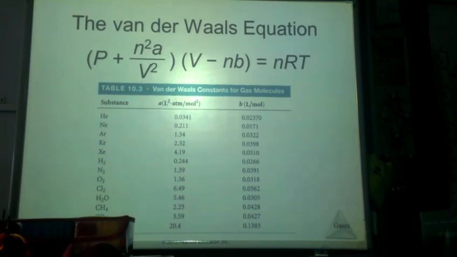They may ask you what would happen to a and b if molar mass was increasing, and a and b will generally increase with increasing molar mass. Larger, more massive molecules tend to have larger volumes, and so they tend to have greater intermolecular forces. So we have to account for that, and by doing that, a and b just become larger.